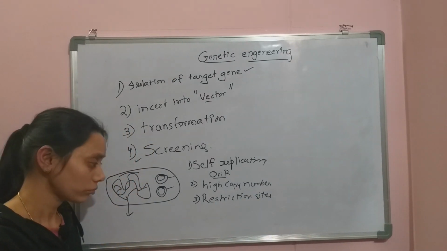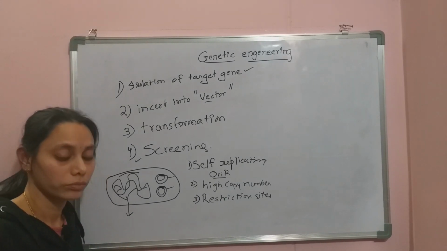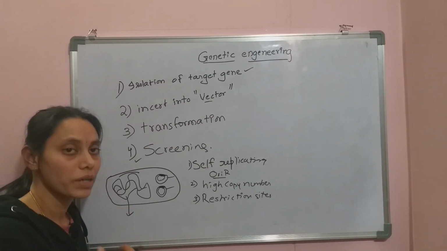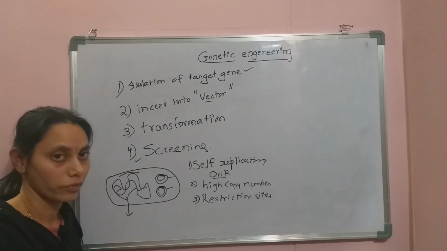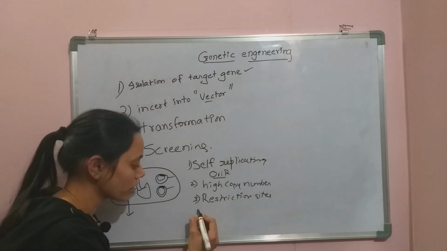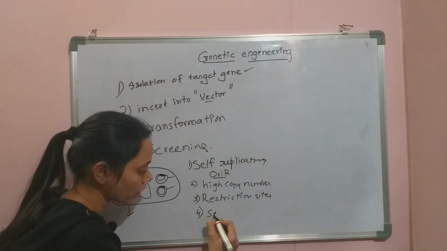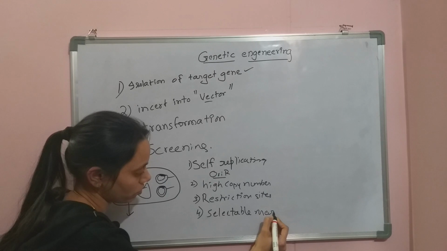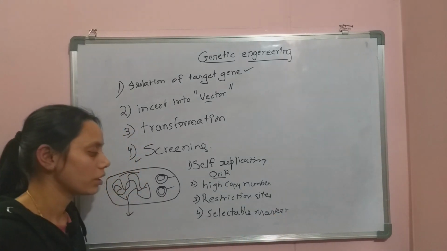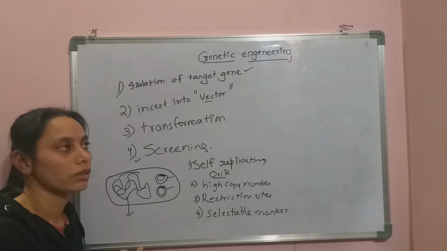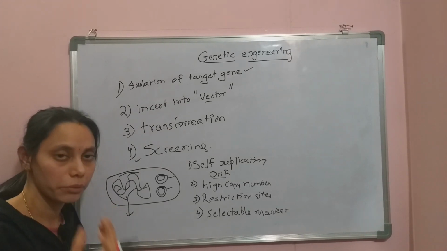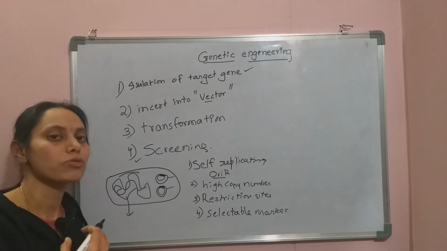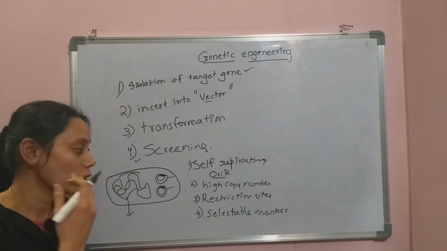So these are the major qualities of a vector. And it also needs to have a selectable marker. This selectable marker is mostly an antibiotic resistance gene. So this selectable marker helps us to select the transformed cells, recombinant vectors.